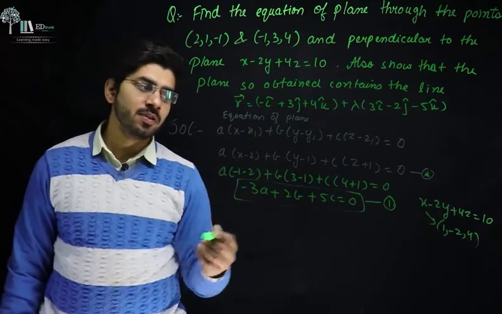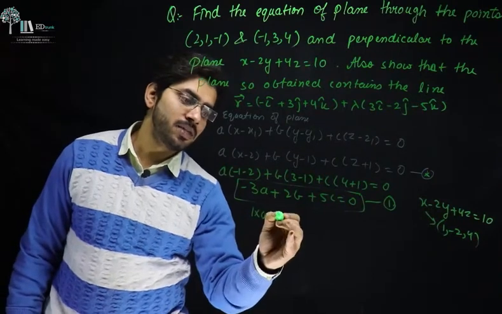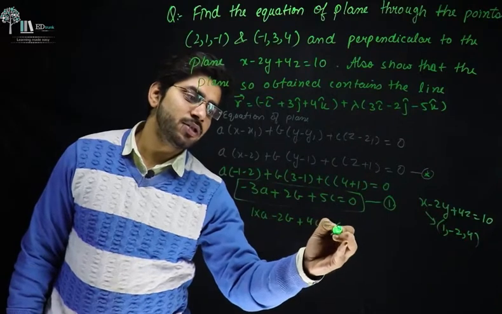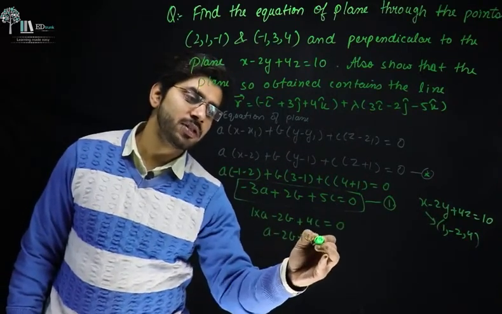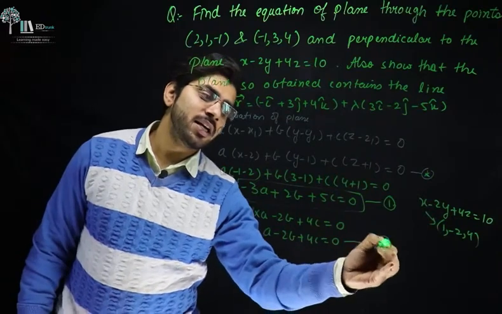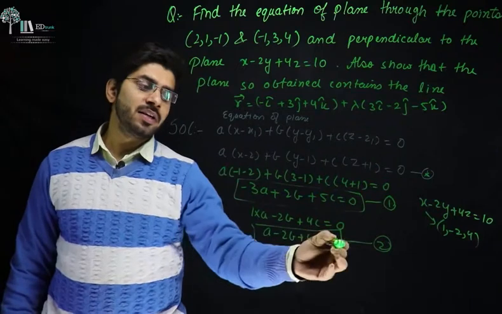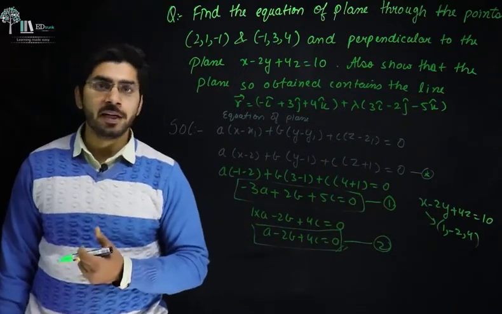The second equation will be 1 into a minus 2 into b plus 4 into c equals 0, that is a minus 2b plus 4c equals 0. So this is the second equation. The dot product of the normal vectors of both planes is equal to 0 because these two planes are perpendicular.